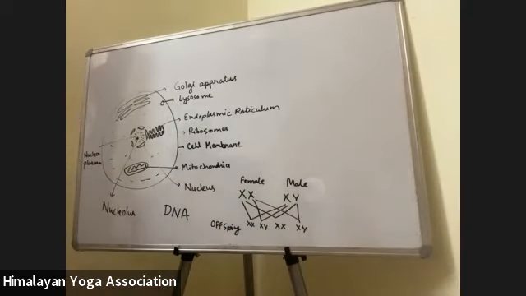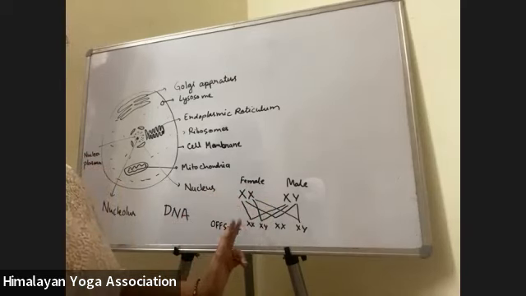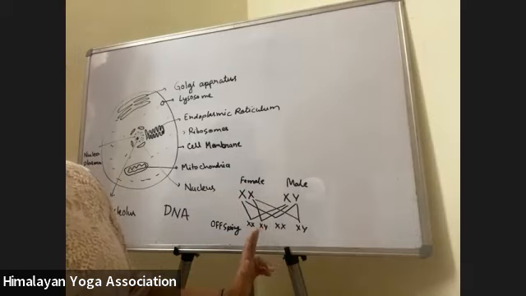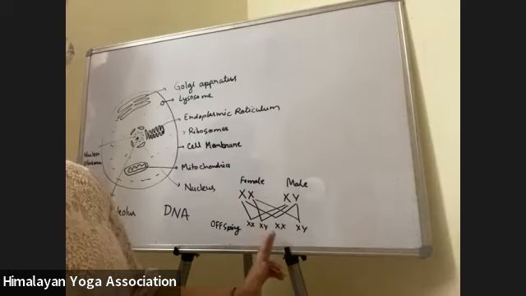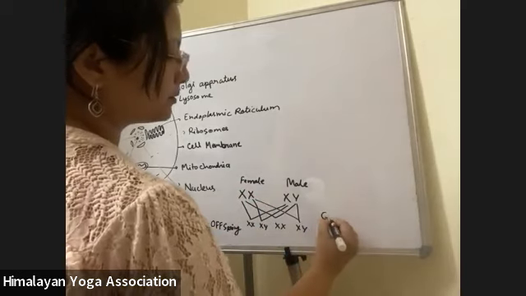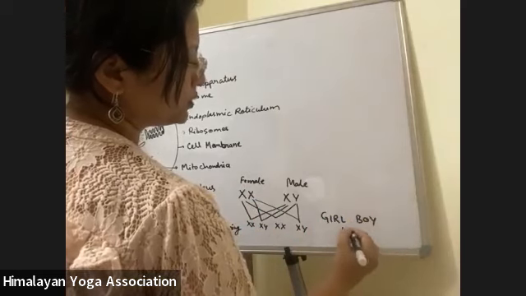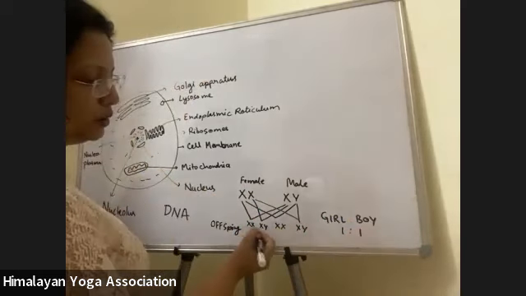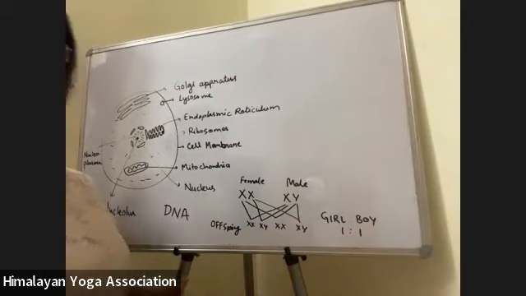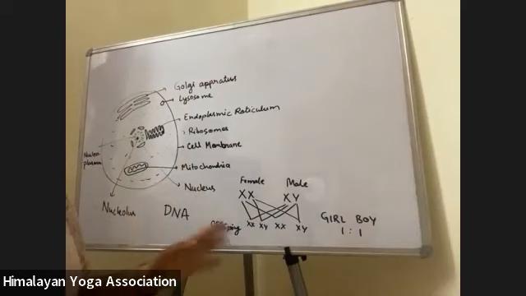So when there is mating, there's a possibility that it can be either a girl child or a boy child. The possibility of girl and boy is 1:1, because you see 2 double X and 2 XY. So the possibility is equal.